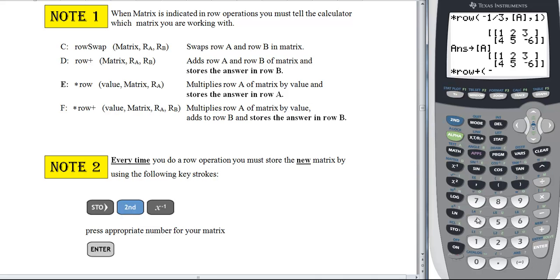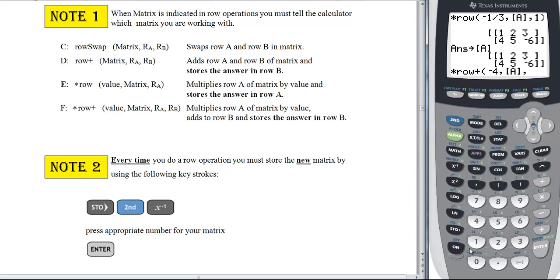So -4, comma, tell it the matrix, which is my first matrix, comma. Now it says multiply row A of a matrix by a value, adds to row B, and stores the answer in row B. So whatever's at the very tail end near the parentheses is where this row is going to go.